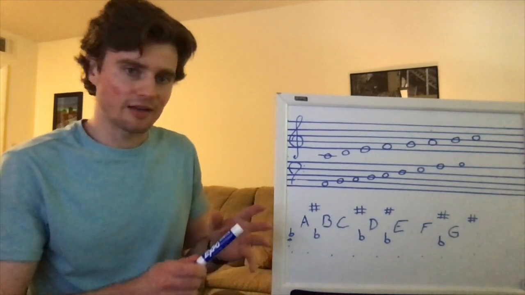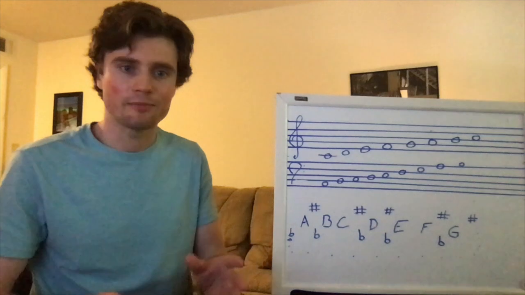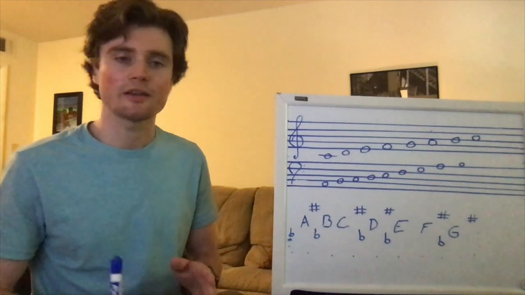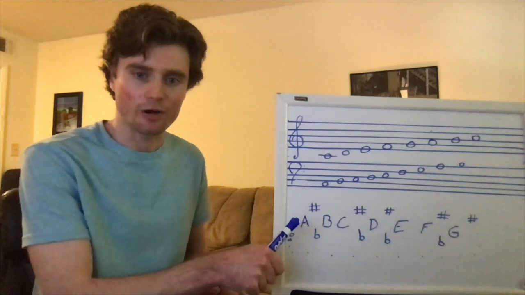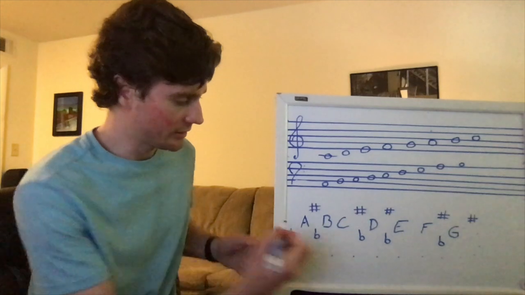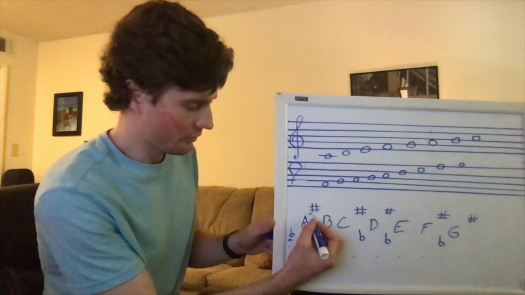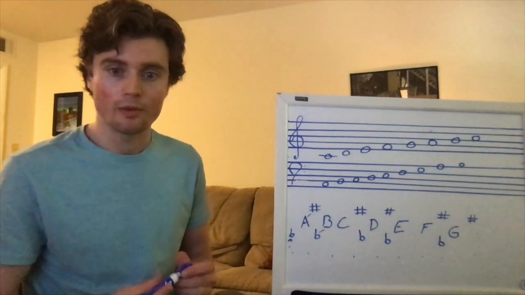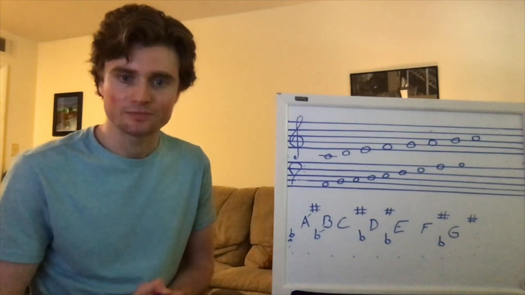The other thing to know is that sharp and flat can mean the same thing in a sense. As far as what you hear, A sharp and B flat are equivalent. I should make this a little more clear: the sharp is going to refer to that, and the flat is going to refer to that. So A sharp and B flat are the same.